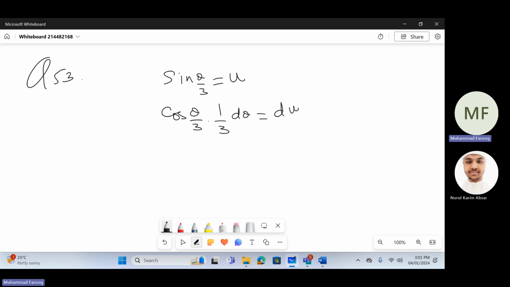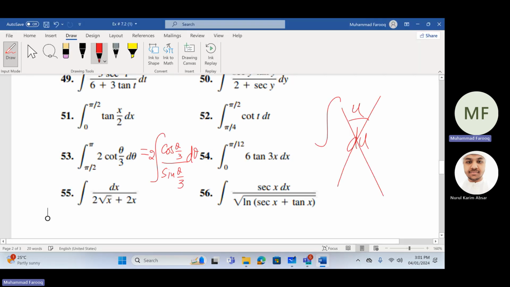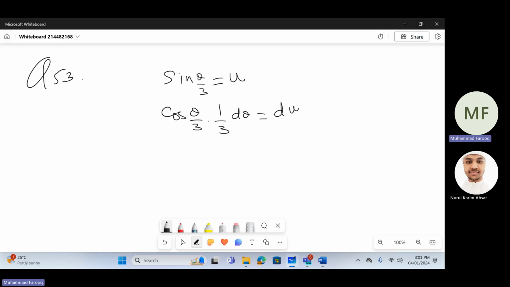If you go back to the question, you can see we don't have 1 by 3 in our integral. We only have cosine theta by 3 d theta. Multiply by 3, so this 3 you can cancel out by times 3 here and times 3 here. Now I have cosine theta by 3 d theta equal to 3 times du.